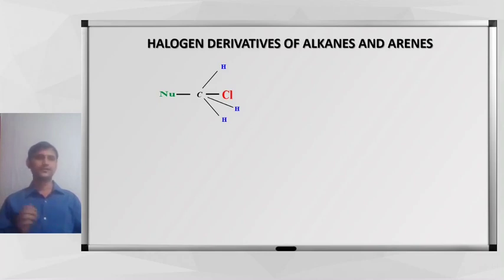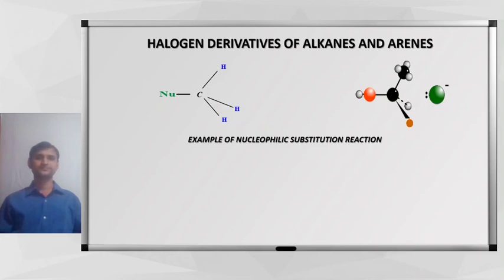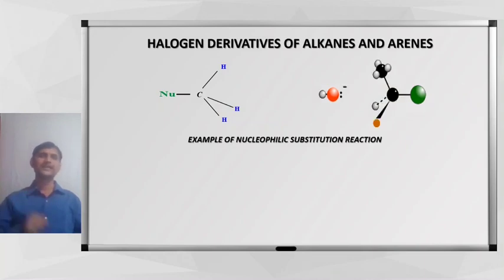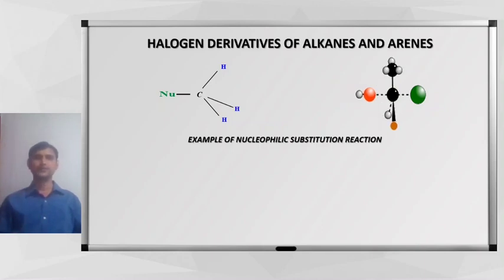CH3 from the left-hand side comes to the right-hand side, and the leaving species, that is Cl, will leave. Now see the ball and stick model of the SN2 reaction. See, the nucleophile attacks from the backside and the leaving species leaves. This is the example of nucleophilic substitution reactions.